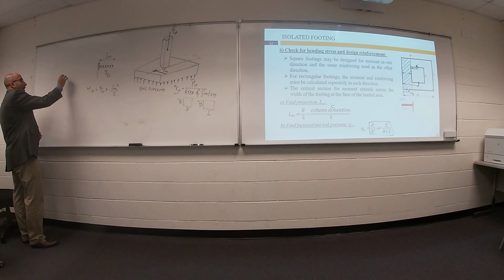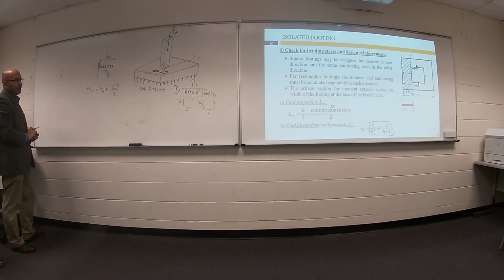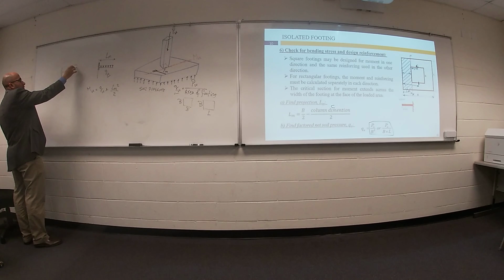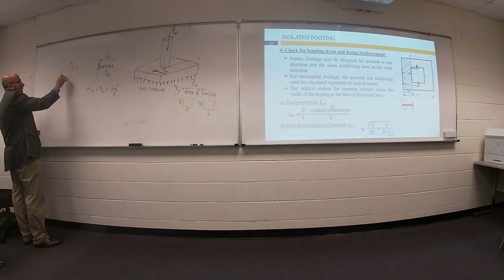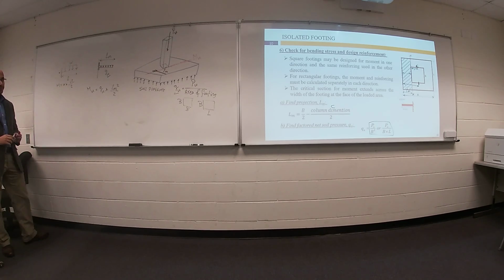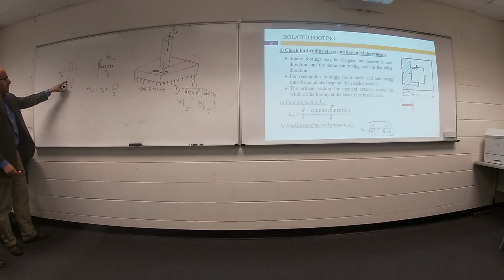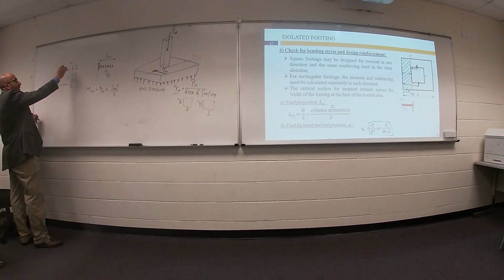Yes. If we go back to structure analysis, if you remember, if you have cantilever with uniform distributed load W and your length L, your moment here equal W times L square divide 2.